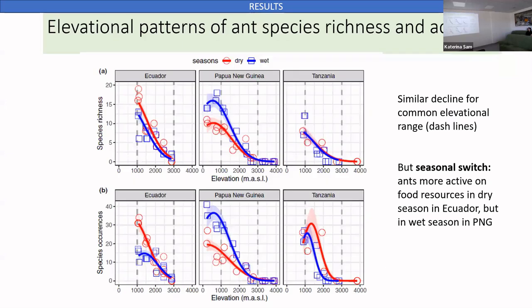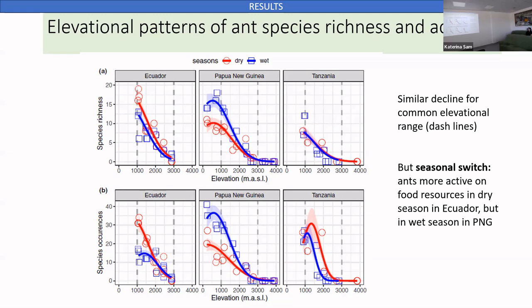So basically, first is just looking at the species richness and occurrence. Occurrence was kind of similar to abundance. And what you can see, it's not so easy to compare these gradients, because even though this is one of the last three mountains which still have pristine forest, because this was all done in primary forests, the elevations are not completely comparable, because Papua New Guinea is the only one where you can go from lowland upwards really through the forest.